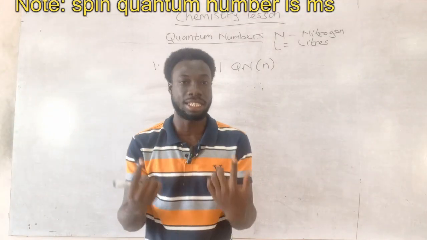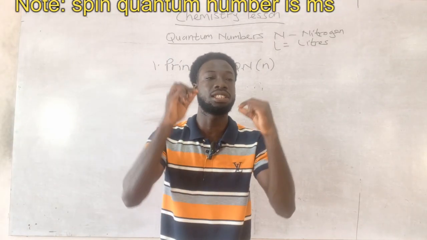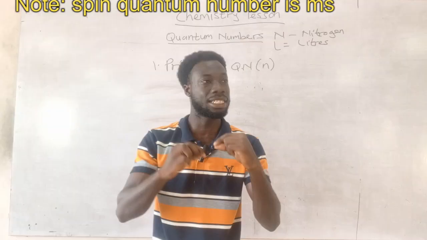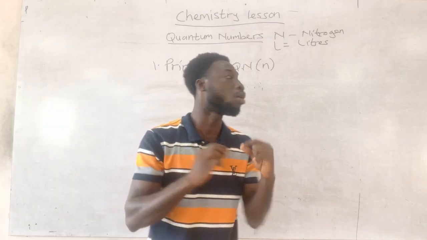Now, the principal quantum number. What does it describe? One, it describes the mean energy level of an atom.